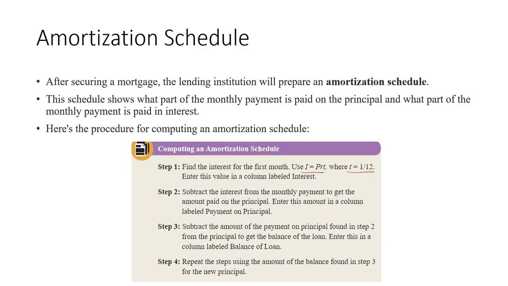You then subtract the interest from the monthly payment to find the amount that's paid on the principal, and then subtract that amount from the principal to determine the new balance on the account. And then you just repeat this process until the balance of the loan is paid, or until your number of payments runs out.